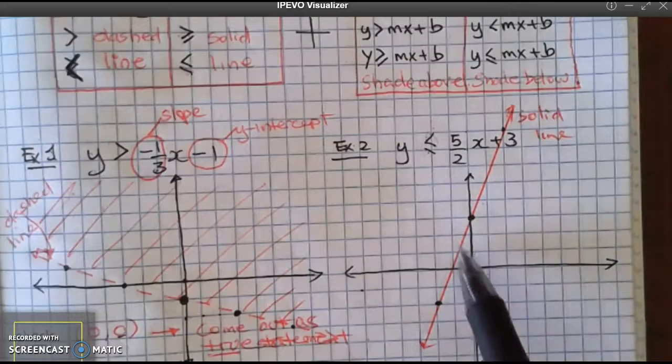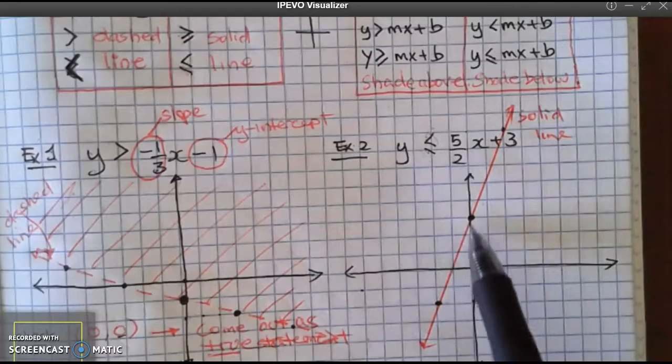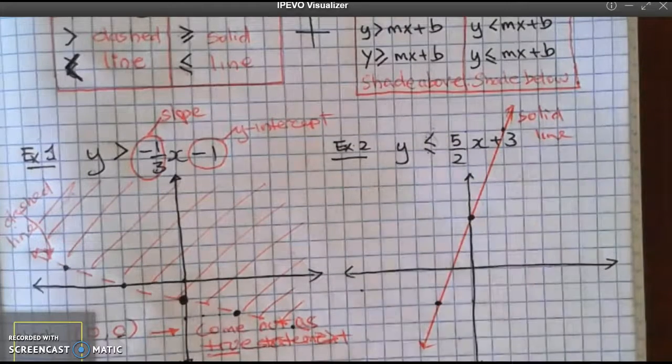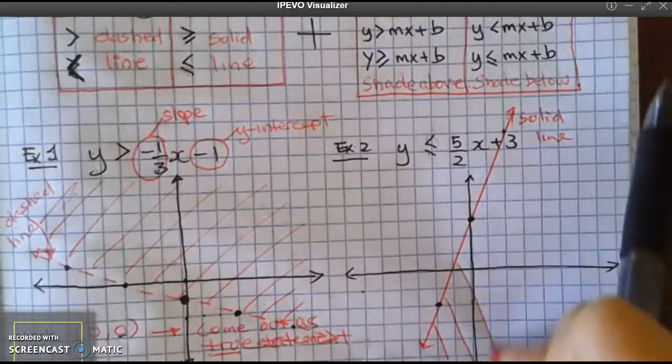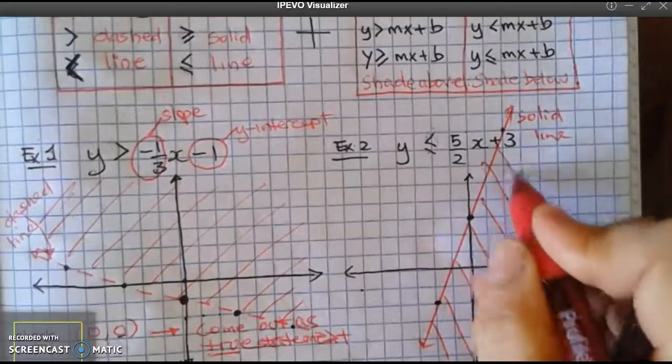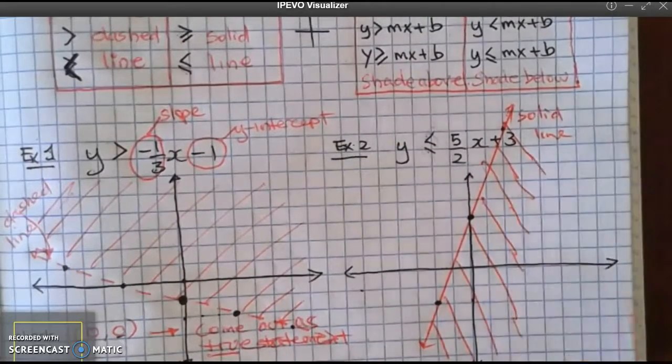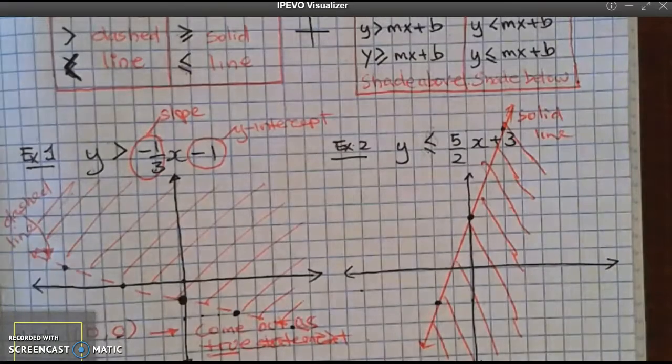This is the line, and above will be greater, below will be smaller, and that's what we want. It's less than. So we're going to shade in the less than section.